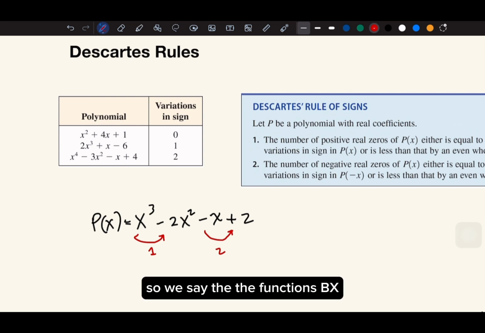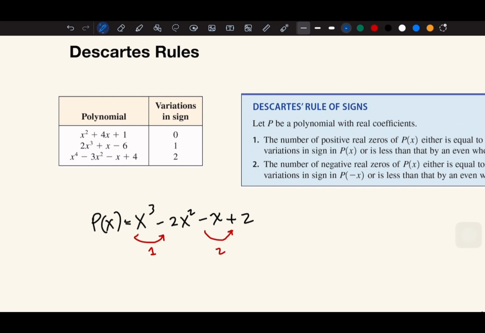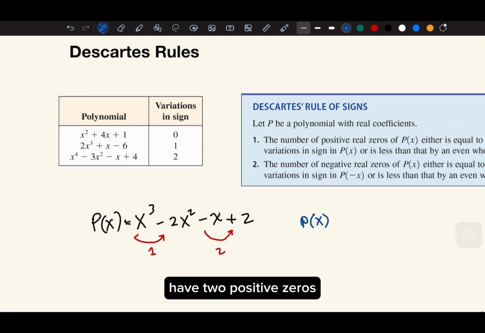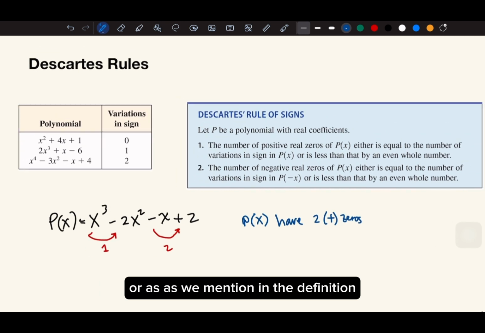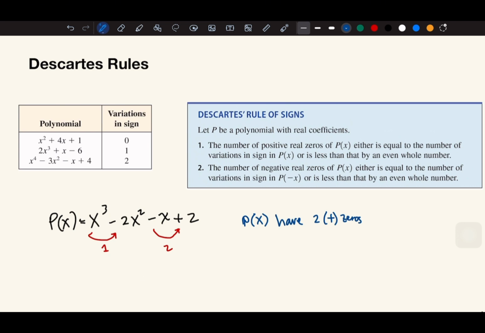So we say the function p(x) has 2 positive zeros, or, as mentioned in the definition, less than that by an even whole number. So actually we need to subtract 2, or 0.